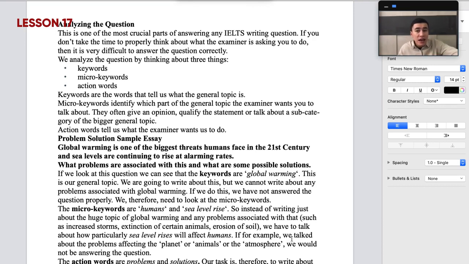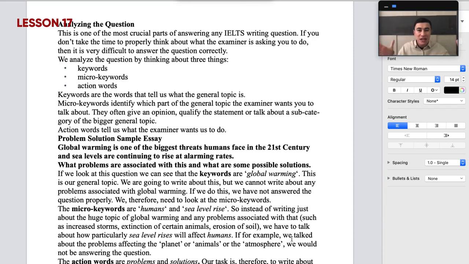So we analyze the question by thinking about three things. These are keywords, micro keywords, and action words. So keywords are the words that tell us what the general topic is. Okay? Micro keywords identify which part of the general topic the examiner wants you to talk about. Okay?